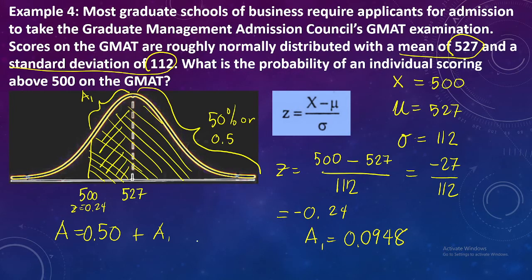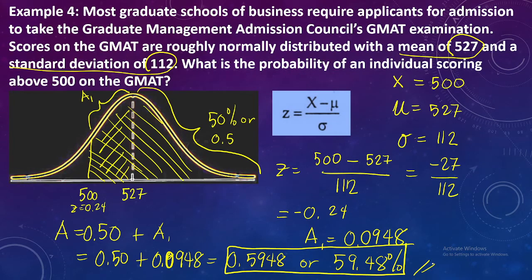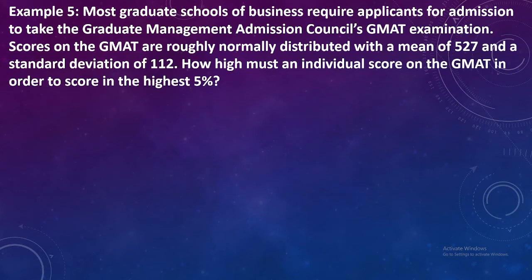So this area, I'll add 0.50 plus 0.0948, which is equal to 0.5948, in percent, that's 59.48%. That is the answer to question number 4. Let's go to example number 5.